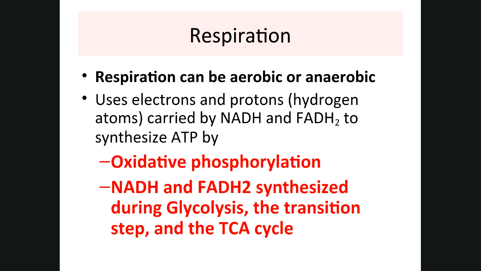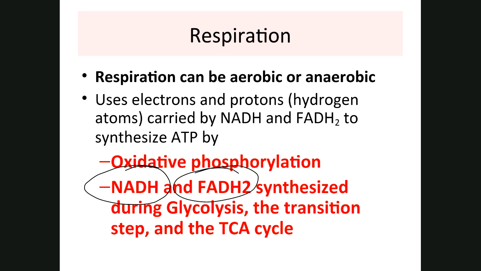Okay, so far what we have seen is glycolysis, intermediate step, and Krebs cycle, in which a little bit of ATP has been made by substrate level phosphorylation, but more importantly, lots of NADHs and a little bit of FADH2s collecting hydrogen atoms have been gathered. So the most important aspect of all these reactions when it comes to making energy is that we have lots of oxidation going on.